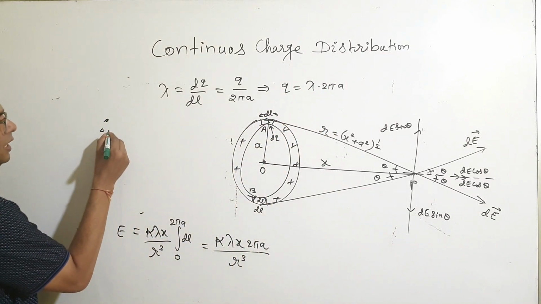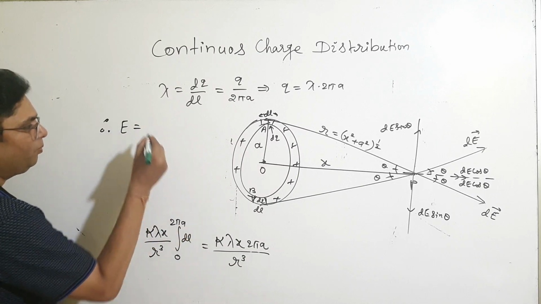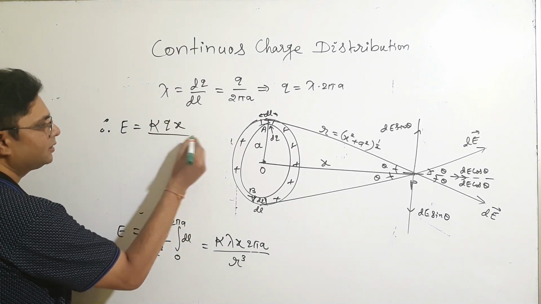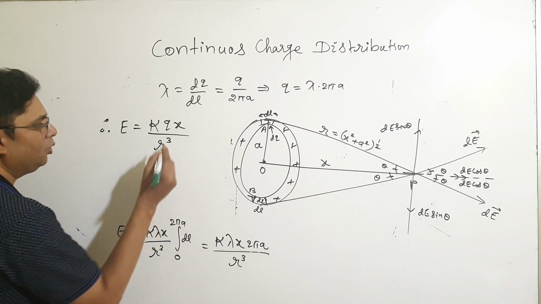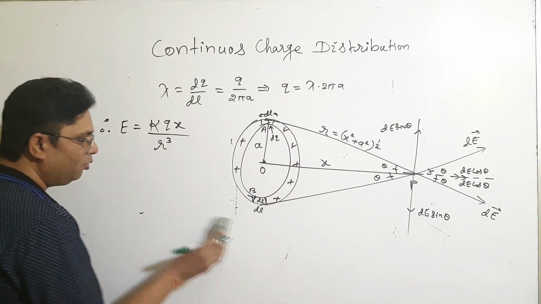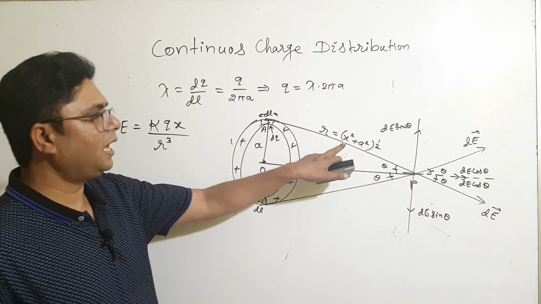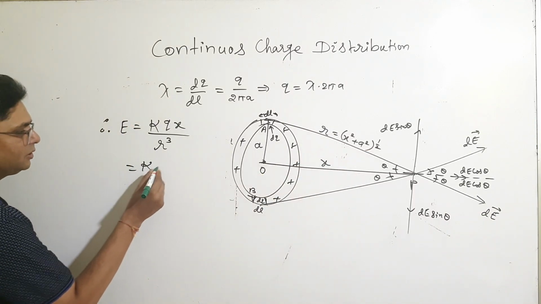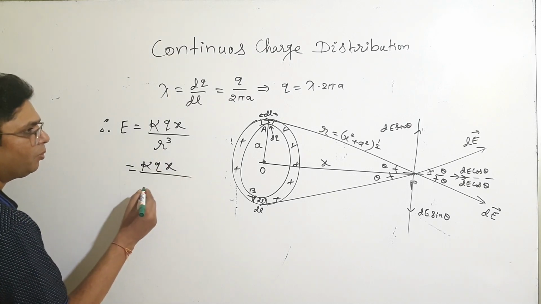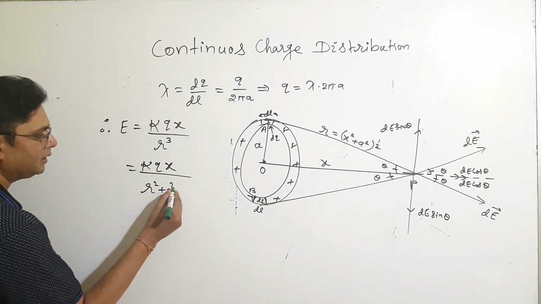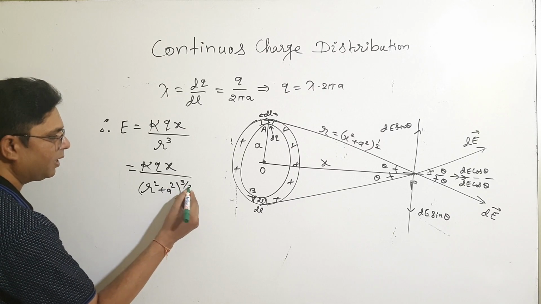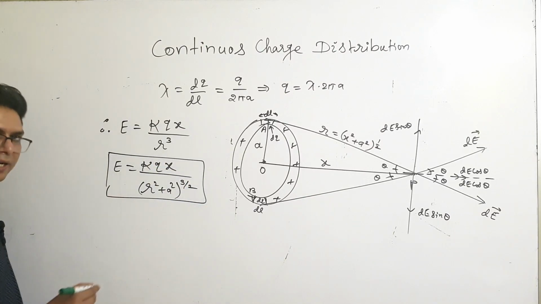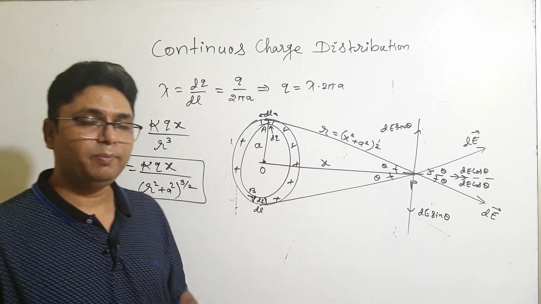Therefore electric field E equals k q x upon r cube. From the board, r is r square plus a square to the power half. So put the value: this is k q x upon (x square plus a square) power 3 by 2. This is the equation for electric field at point P.